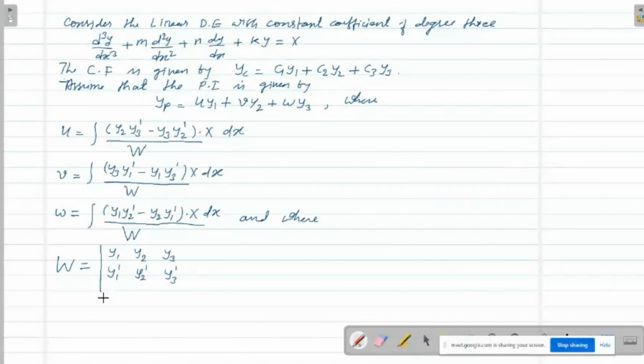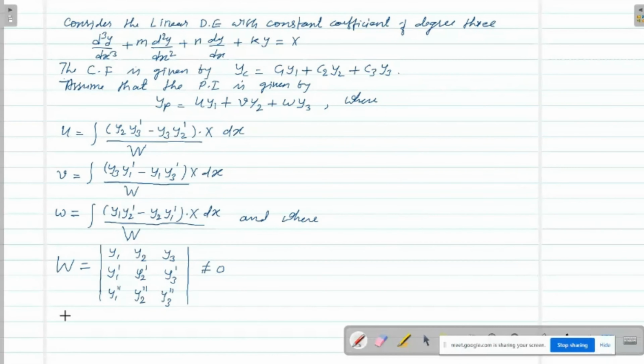Now we take another derivative of this, so we get y1 double dash, y2 double dash, and y3 double dash. This determinant must not be equal to 0.